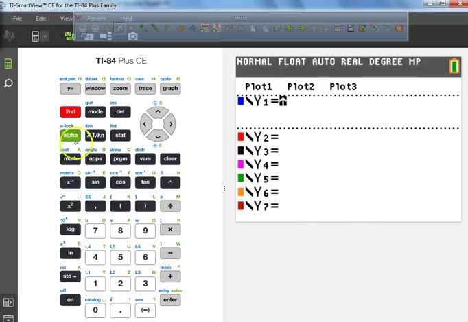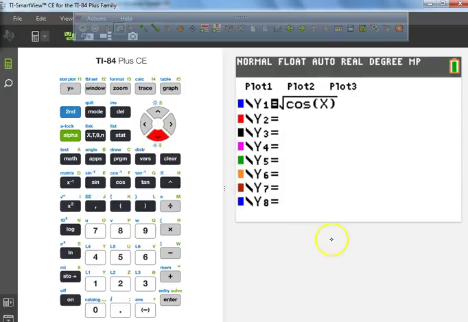You have the square root of cosine of x. Alright, that's what we have.